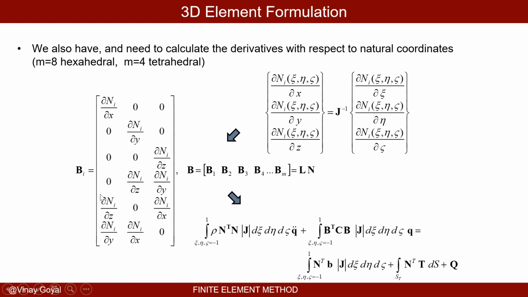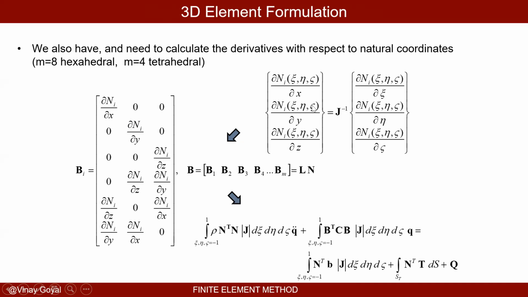It works really nicely. But these derivatives are required. I need to find them. So we need to figure out a way of doing that. And so this allows us to get there. J inverse times that allows me, and I know all these numbers. I know J, the Jacobian, for every element.